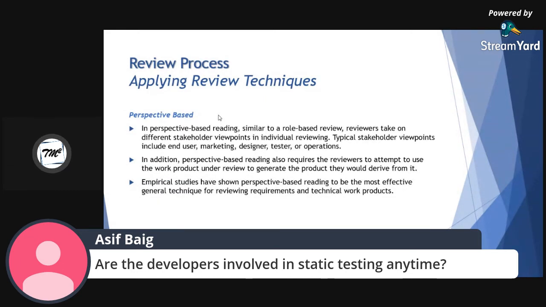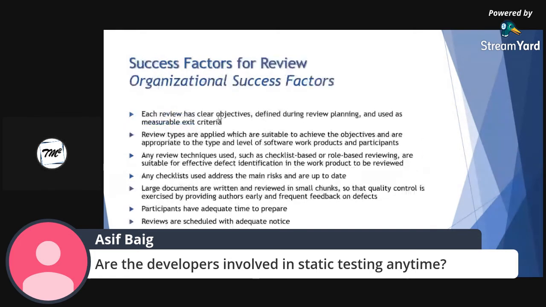Perspective based is where we invite different individuals and ask them to review the document from different backgrounds. Respective people will be invited from different domains, like testers, developers, designers, and they will be reviewing a particular document together. So that's perspective based.